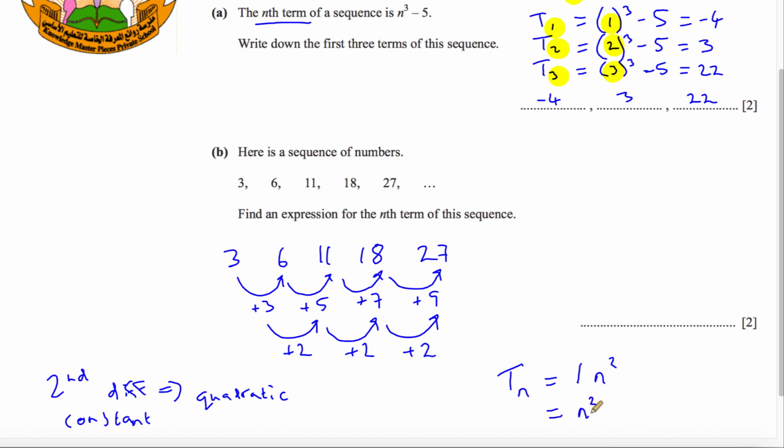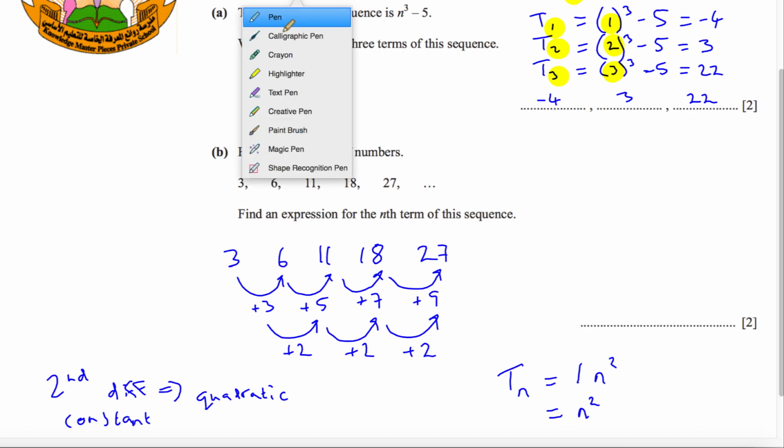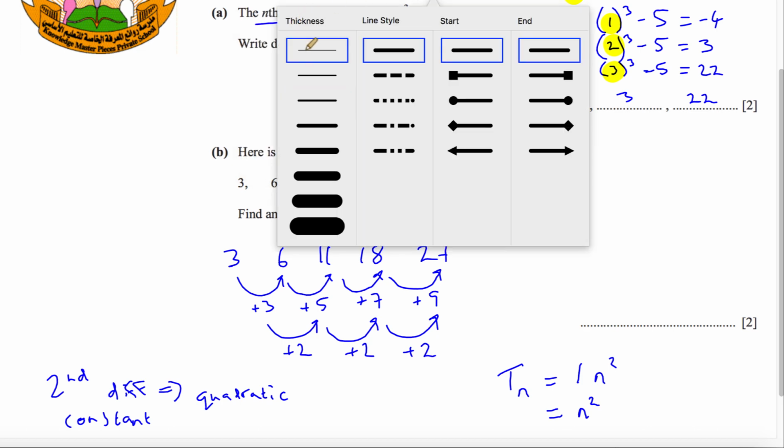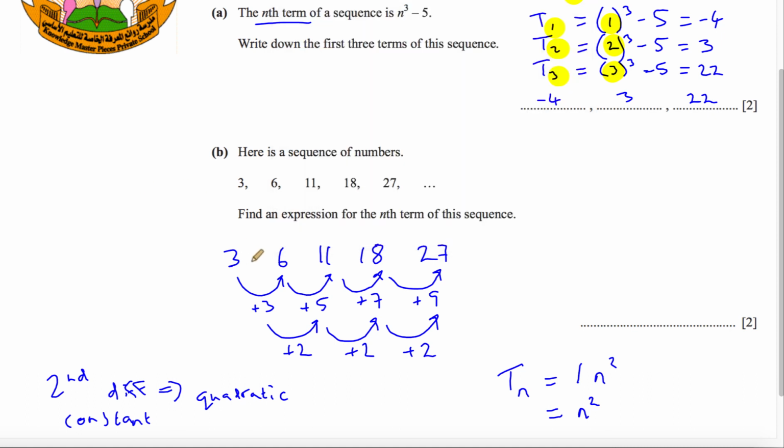Okay, so now if we consider these to be our n numbers here, 1, 2, 3, 4, 5. These are our n numbers. These are the positions in the sequence.